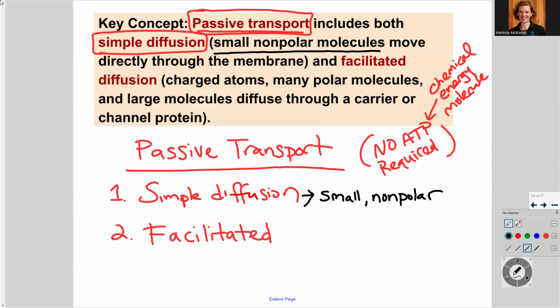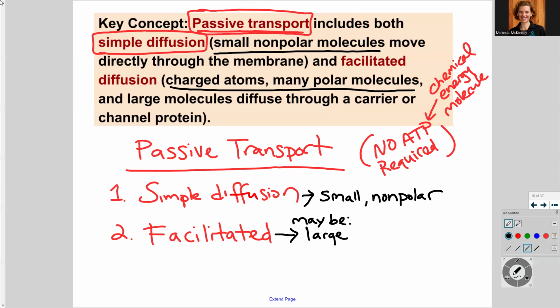They're not polar, they're not completely charged. In facilitated diffusion, now these atoms can be larger, okay? And they can also be charged. So they may be any one of these characteristics.